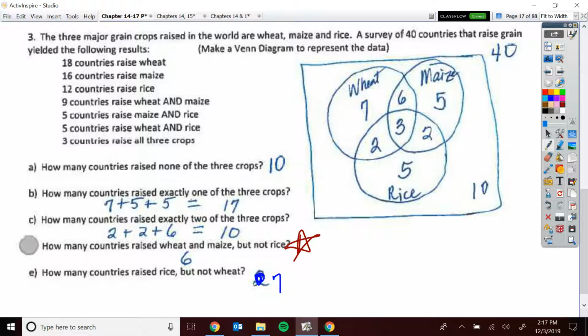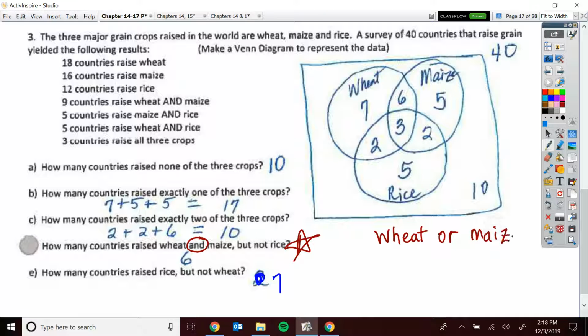So the reason that I want to talk to you about this one is because I want to clarify how this one says wheat and maize, but not rice. And I want to compare that to if it had said wheat or maize.